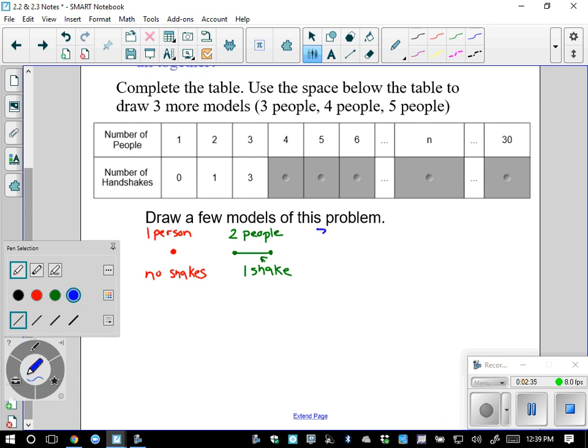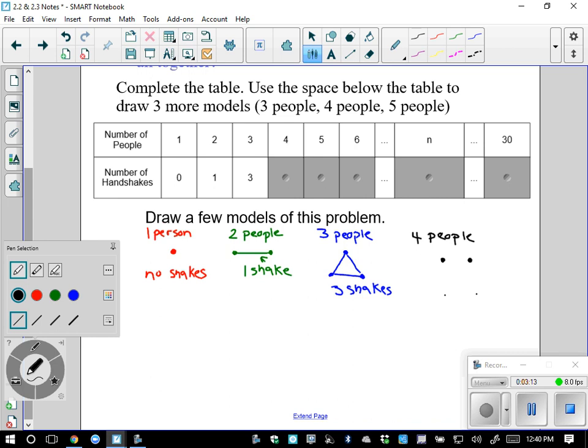And if there's three people, then we'd have the dots representing the three people, and therefore we'd have three shakes. And then if there's four people, the model would look, so I always just arrange my dots in a circular pattern, or eventually it would be a circular pattern.